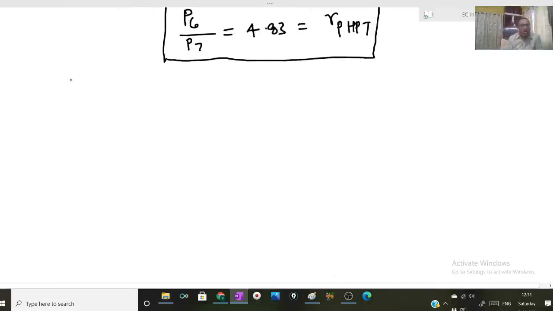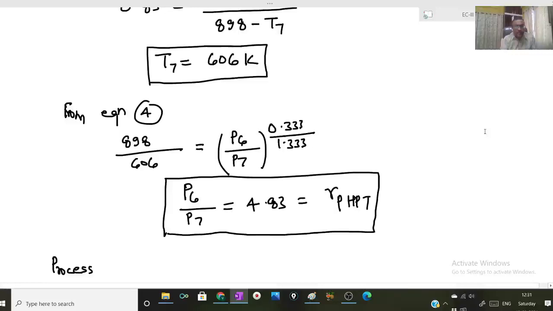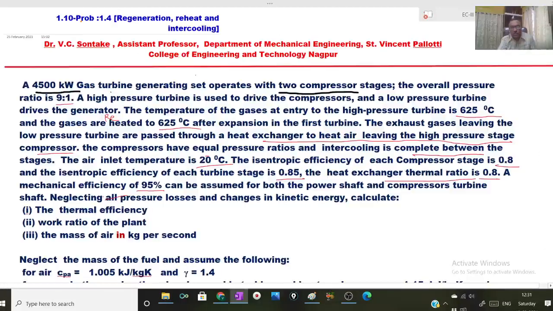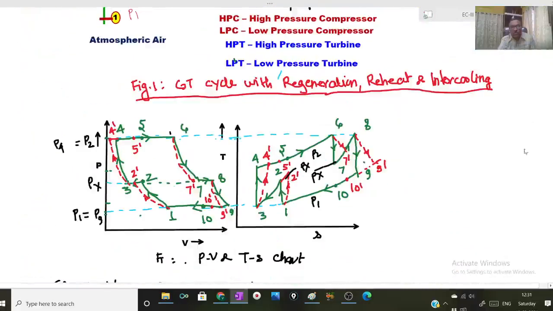Now let us move on to the next process. What is the next process? Process 7-8 is the reheating of the gas in the reheater.